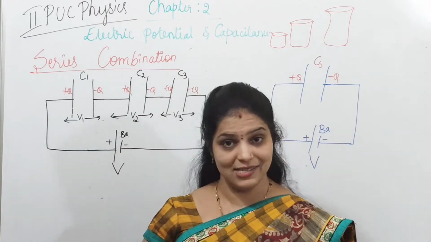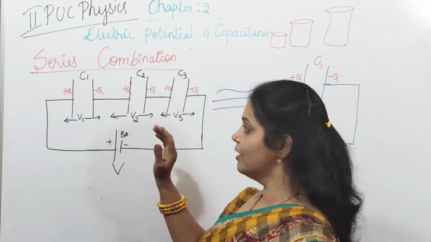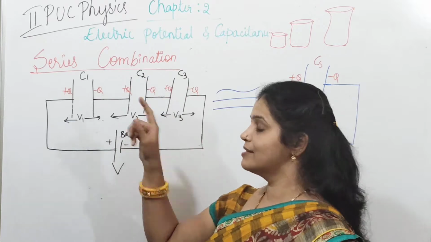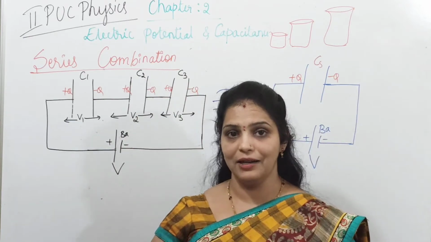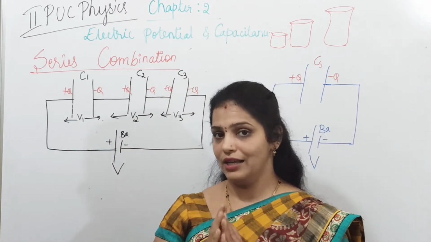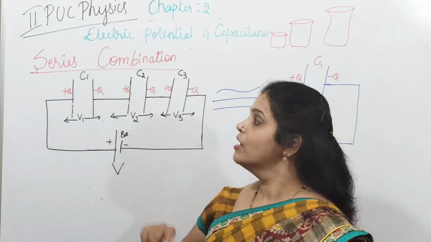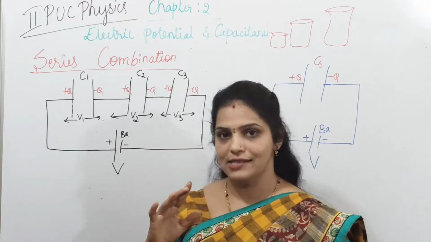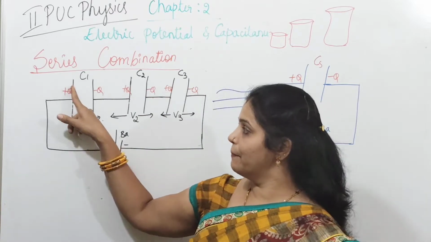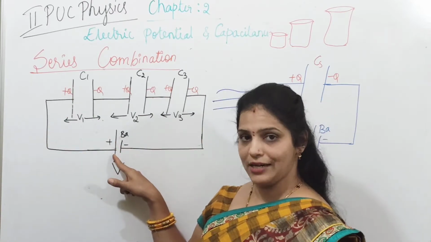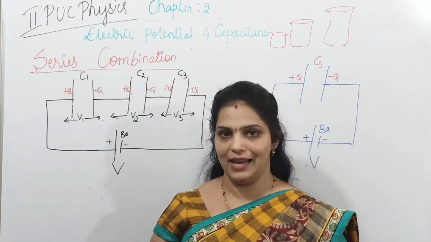Then what happens here? Listen to me carefully. These are parallel plate capacitors. Parallel plate means they are rectangular in shape and each plate is parallel to another plate. All these are metal plates. The first plate, which is connected to the positive electrode of the battery, loses some electrons.